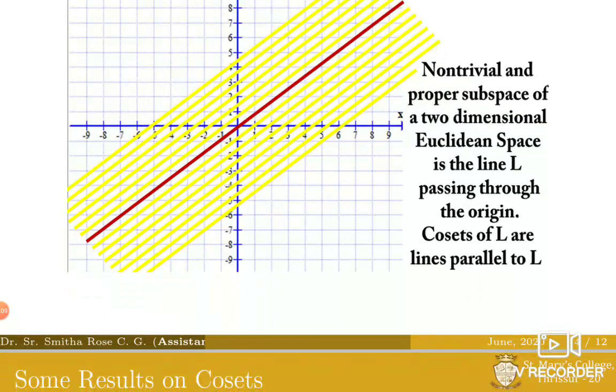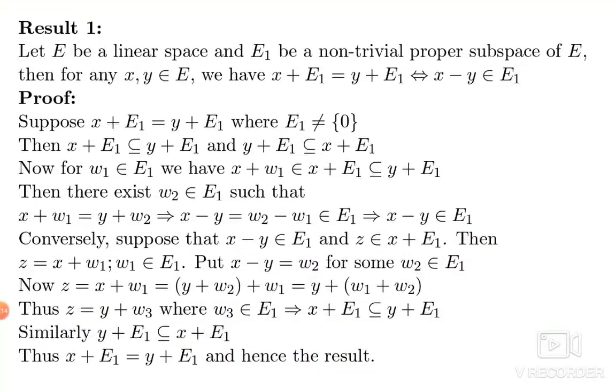So now we know what a coset is. We have 4 or 5 important results on cosets that we have to take into consideration, so that we could define an equivalence relation with that.